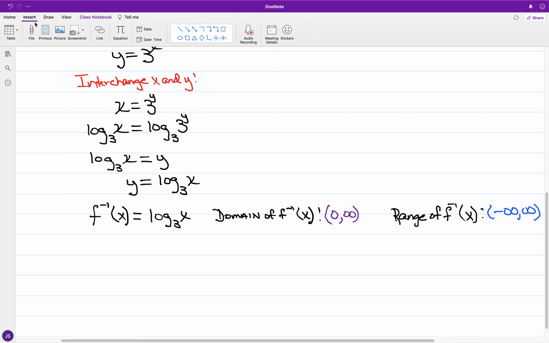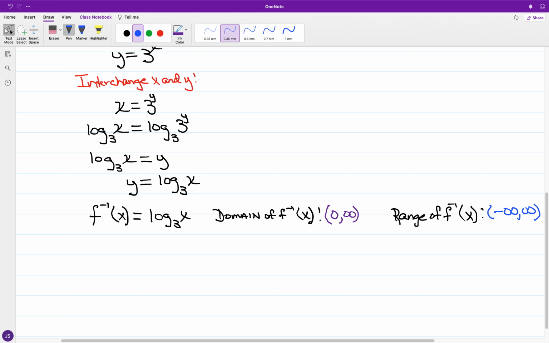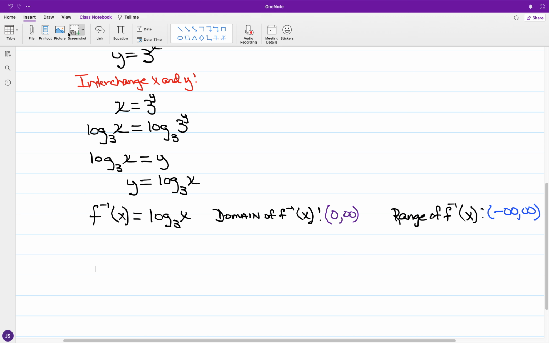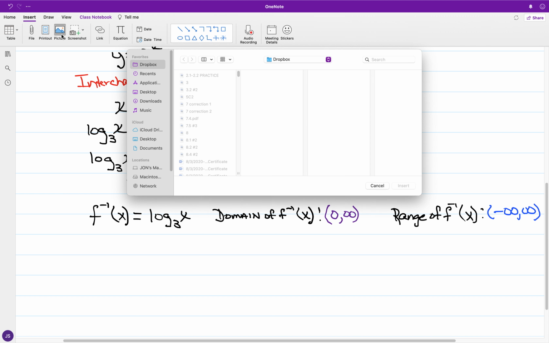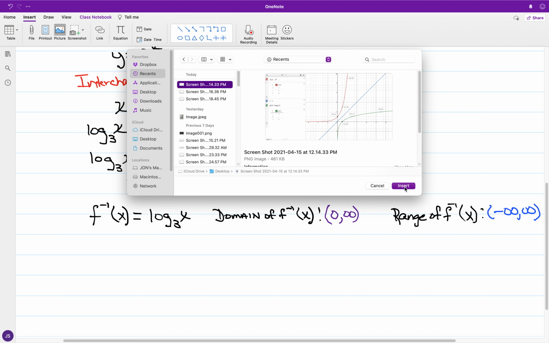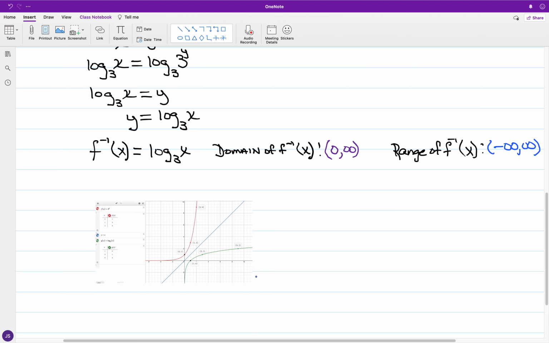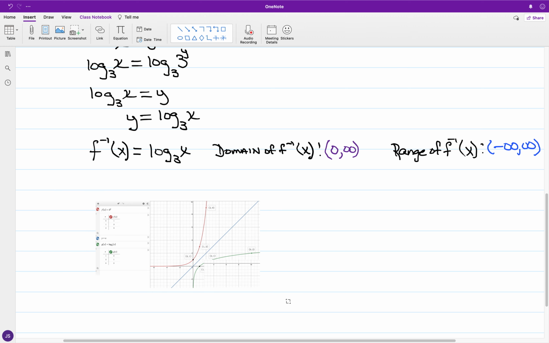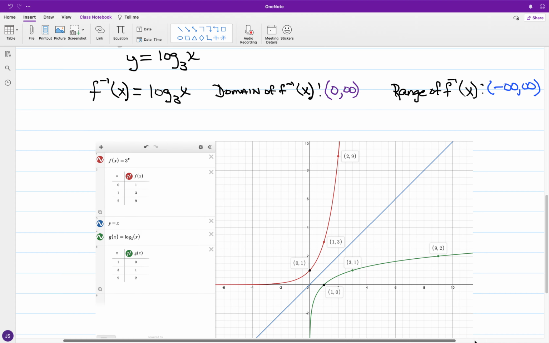And I was able to get a graph of these items. Let's say that for what we have in the case of y is equal to 3 to the x, as well as the base 3 logarithm of x.